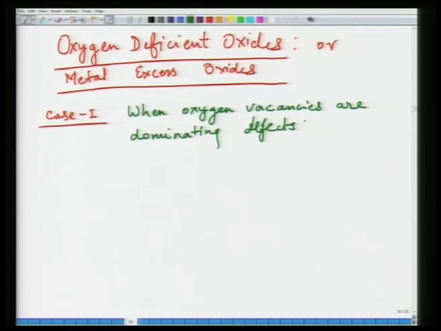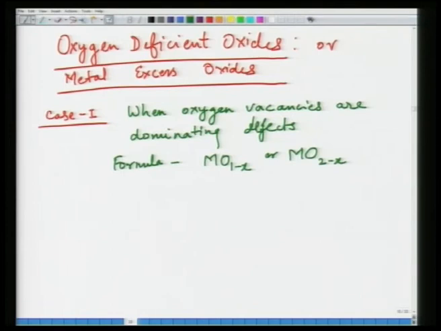In this case we depict these by the formula. So, the formula is written as MO1 minus X if it was MO, or MO2 minus X if it was MO2, and so on and so forth.